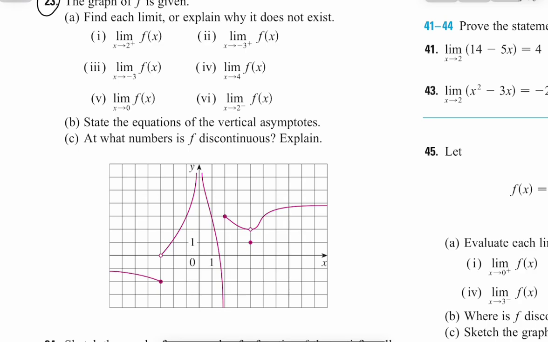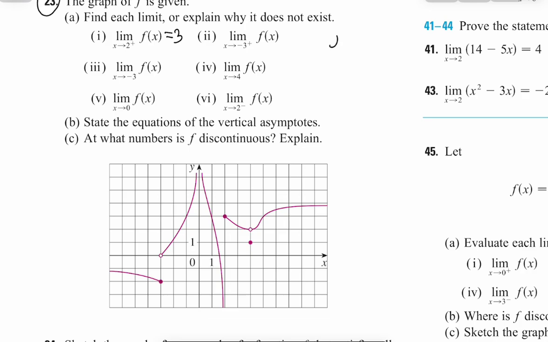So one says we're coming in to an x value of 2 from the right. That's what that little plus notation means. So find your x value of 2, that's this one. Coming in from the right, we are heading to a height of 3.